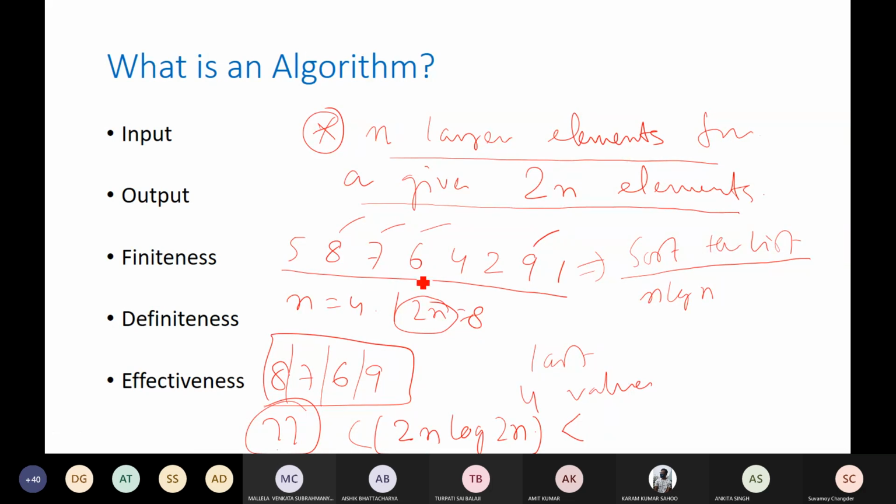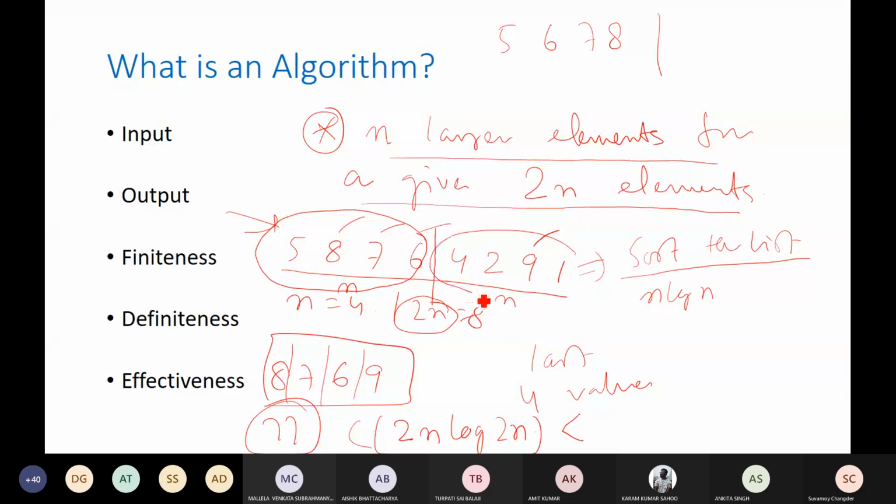First, we will divide the list into two equal halves, n and n. Sort one half in ascending order and the other in descending order. Sorting the first n elements in ascending order, we get 5, 6, 7, 8.